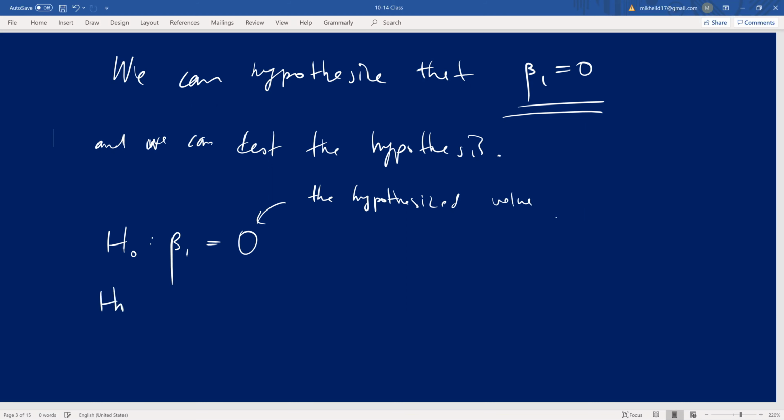And the alternative can be that beta 1 is not 0, or it can be that beta 1 is greater than 0, or less than 0, whatever. In this case, this will be a right-sided test, this will be a left-sided test, but usually we do this.